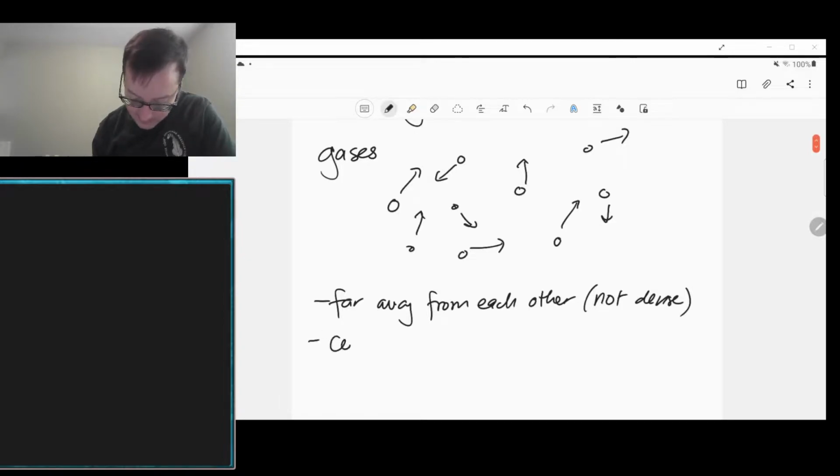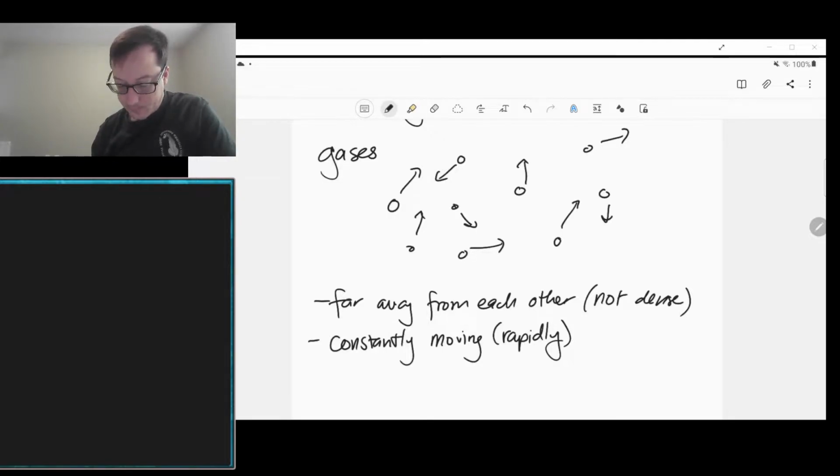Gases are constantly moving. We might say rapidly. So we can see that there. These are also, because they're so far apart, very compressible, and that means that volume can be changed easily.